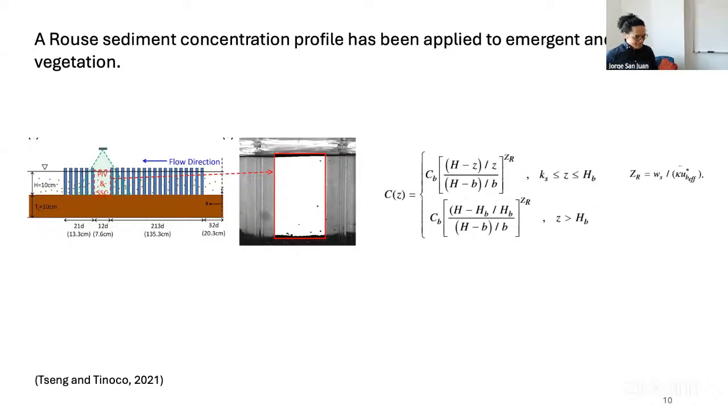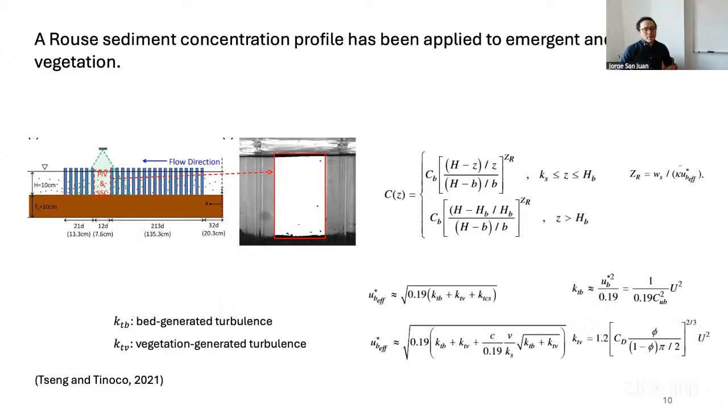They did this investigation into how well the Rouse concentration distribution could fit within flow that is going through an emergent rigid vegetation. In this approach, they estimated an effective shear velocity that we're going to fit into a Rouse concentration distribution.